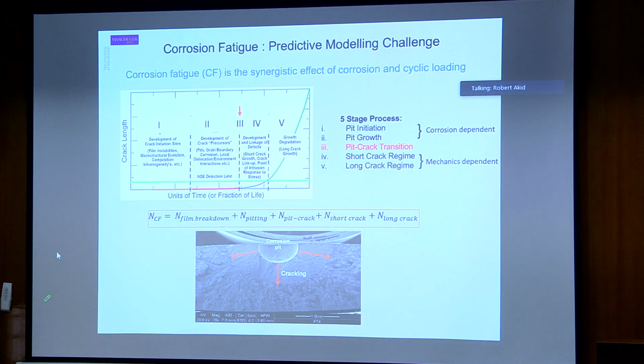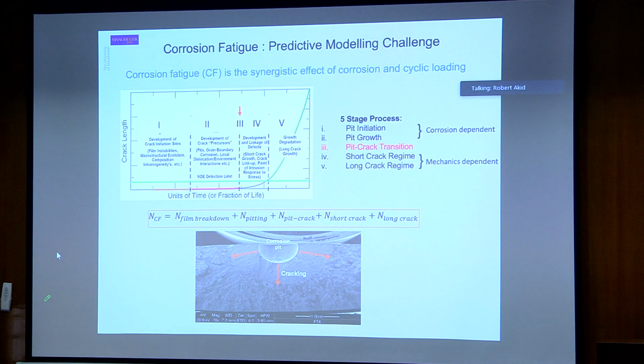And there are primarily 5 different regimes, and they include pit initiation and growth, which would be considered to be specifically corrosion dependent. And then there's a transition from a pit to a crack, and then following on from that to short and long crack growth regimes, which we would consider to be mechanics dependent.